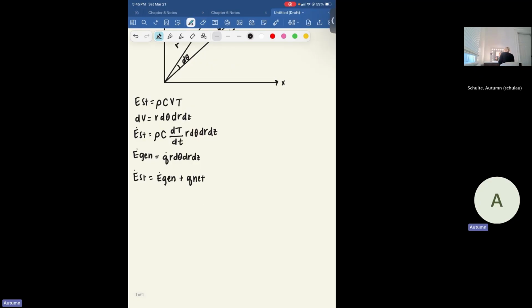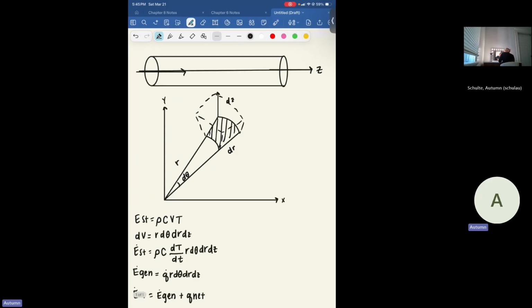So let's start by evaluating our net heat flow in the z direction. And what that looks like is heat flowing through the bottom of this and out through the top of the shell. So we're going to have heat flowing in from the bottom, which is going to be Qz, and heat flowing out through the top at a different position, which is going to be Qz+dz.